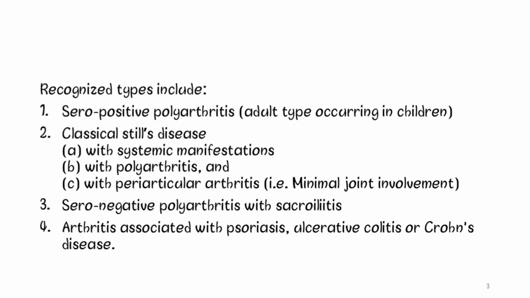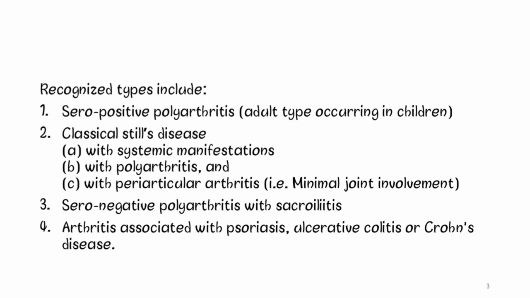In seropositive polyarthritis, specific autoantibodies called RF, that is rheumatoid factor, and anti-CCP, that is anticyclic citrullinated peptides, are present in the blood. And this type tends to have a more aggressive disease course and is often associated with more severe joint involvement.